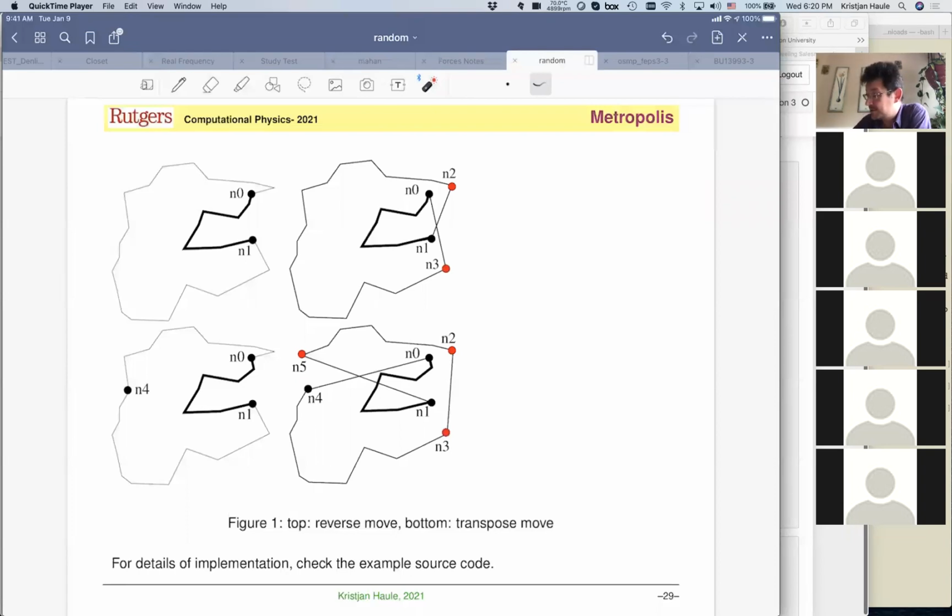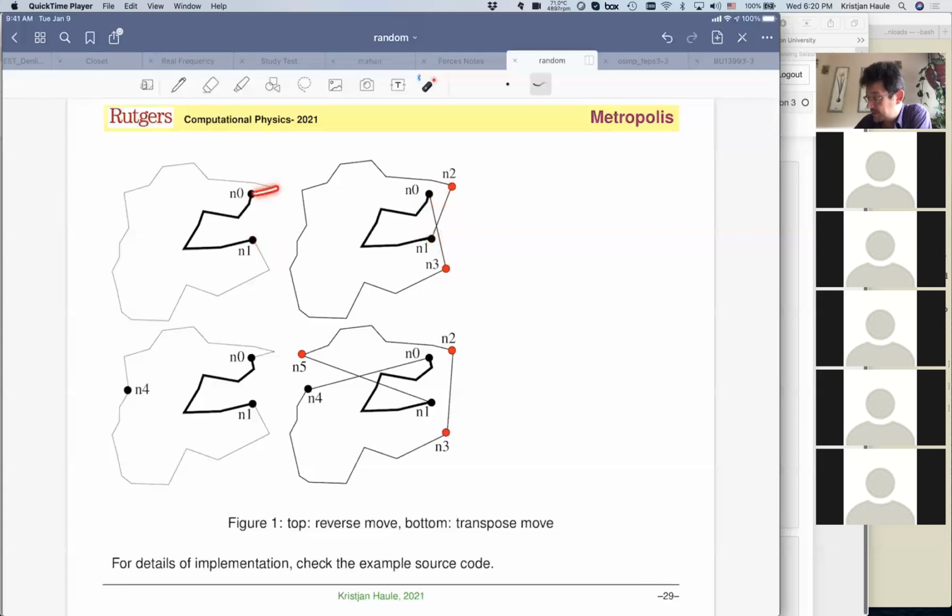No. Very important. So you see, when you make this move, it's very easy to recompute the traveling distance, isn't it? You remove this part of the path and this part of the path, and you add this path and this path. So you can really just update the length.